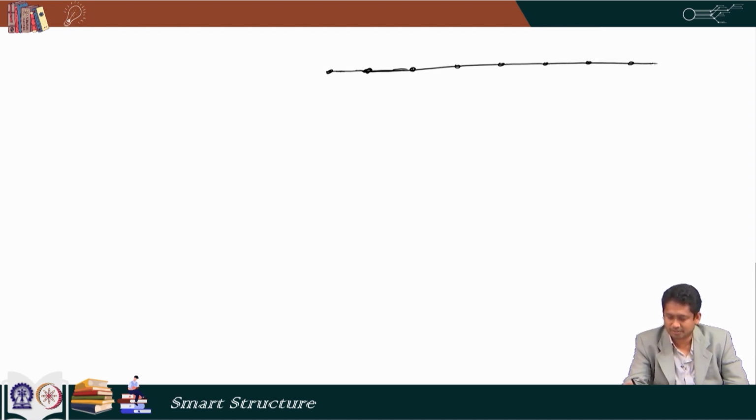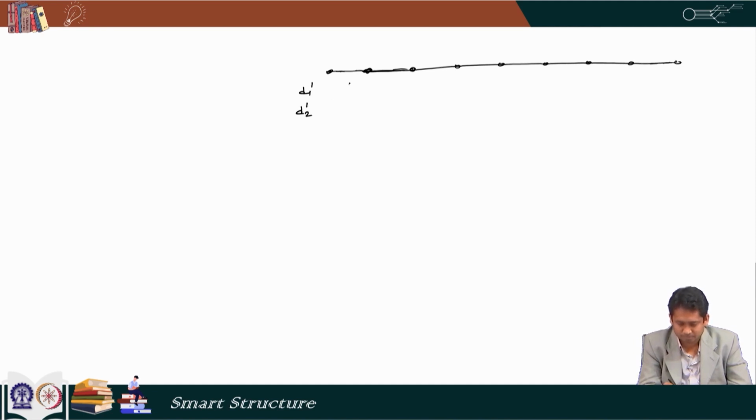The nodes at the two ends of the structure are not shared by more than one element, whereas the intermediate nodes are shared by two elements. Accordingly, we defined our degrees of freedom. We had D11, D21, D31, D41, then D12, D22.